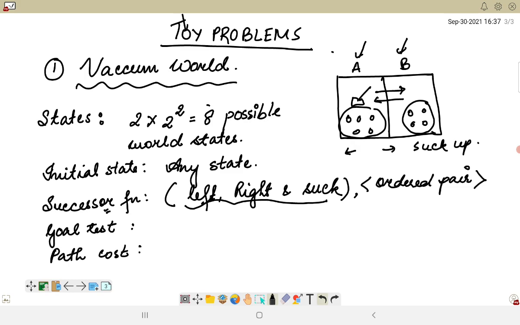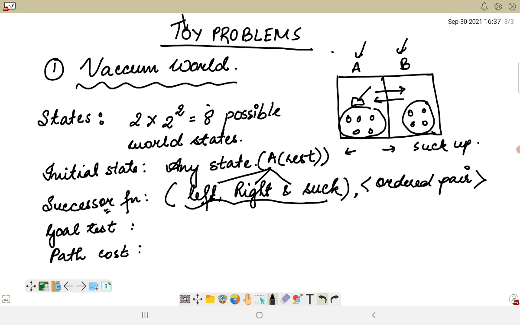From any state, whether the agent is in A and in rest, or in A and doing cleaning, it can perform these 3 actions: left, right, or suck up. That is up to you how you represent it.